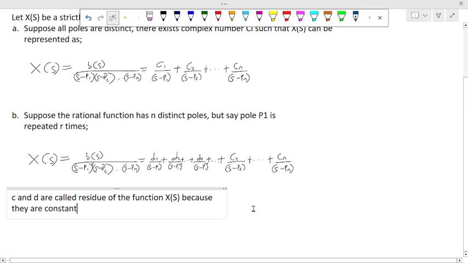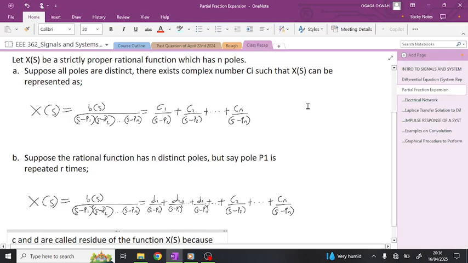So instead of calling them residues, you can just say they are constants. But don't just take it easy, because when we work an example with it, it will be clear what we mean.